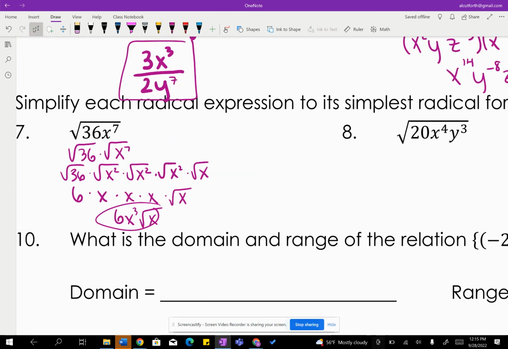Okay, so for number 8, the first thing we're going to start by doing is separating the number and the letters.